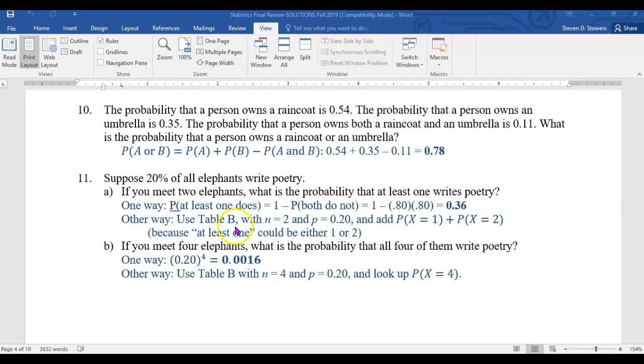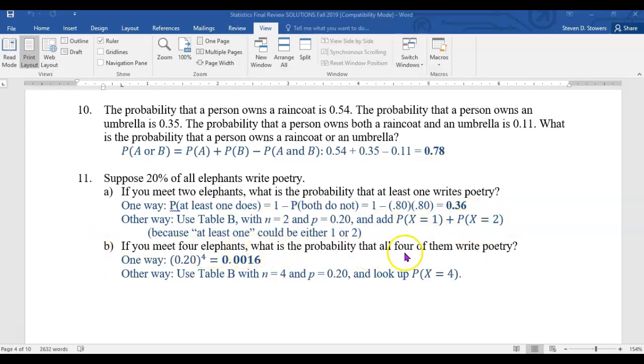So this is a binomial probability question with n equal to 2, p equal to 0.20, and x equal to at least 1, which means it could be 1 or it could be 2. So you can look up both of those probabilities on table B, add them together, and get 0.36.